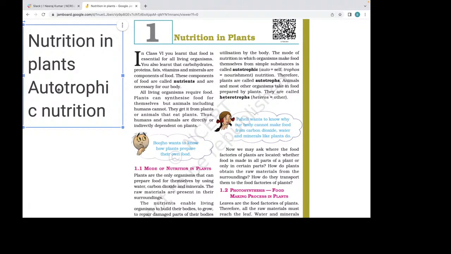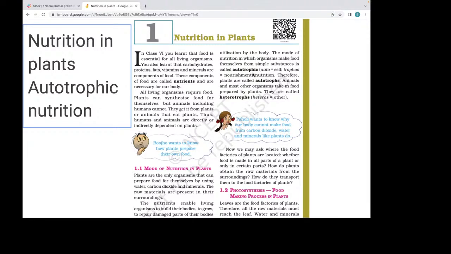In the word autotroph, auto means self, and trophos means nourishment. So basically they nourish themselves on their own. They don't need anybody else. Basically they prepare their own food, they synthesize their own food. They do not depend on someone to make their food.